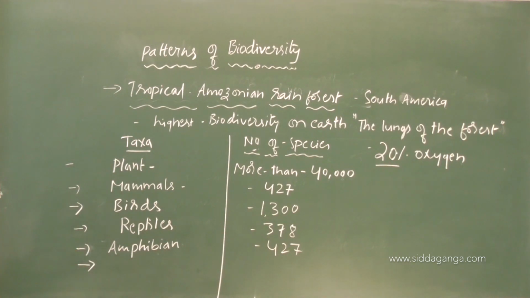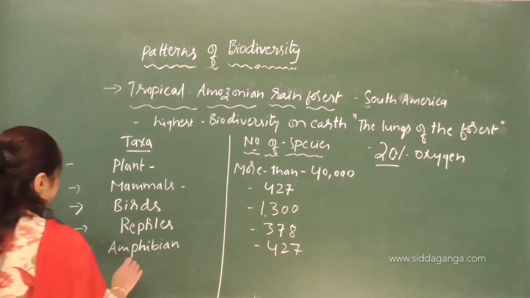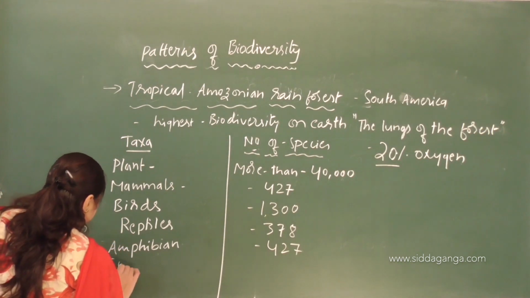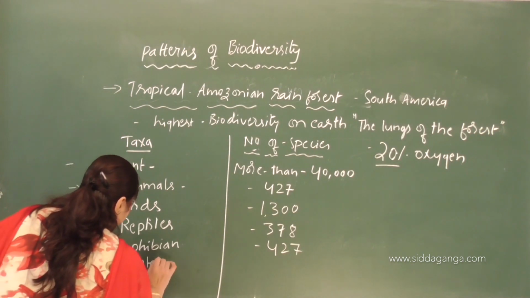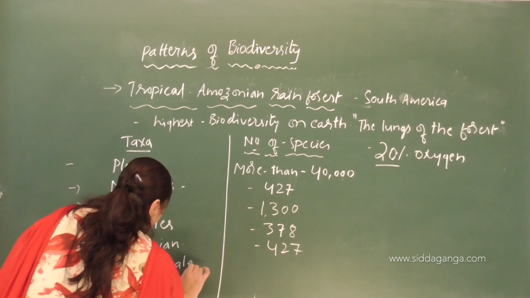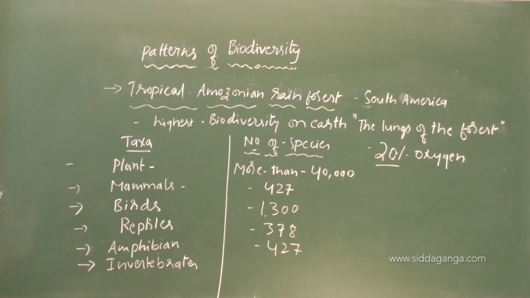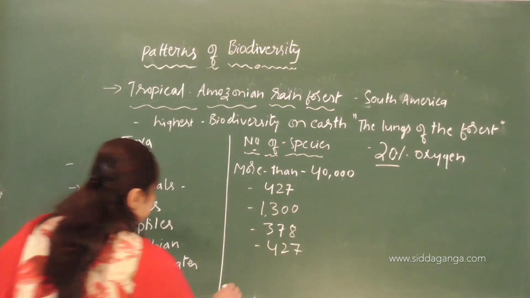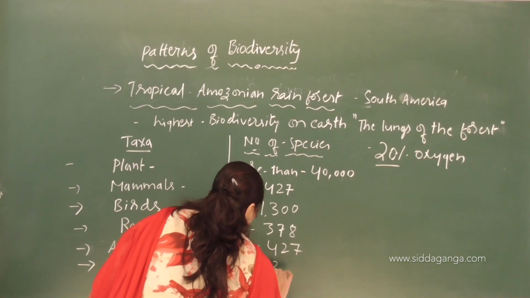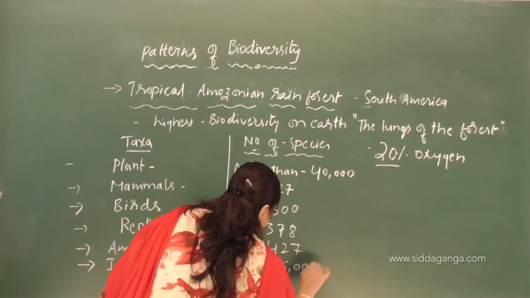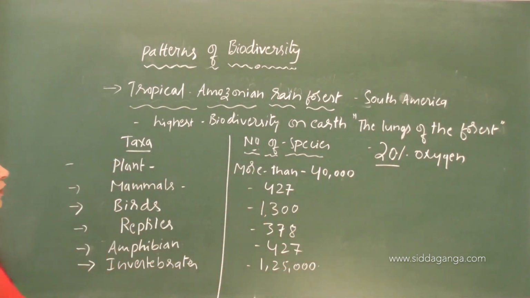And invertebrates, the total number of invertebrates is more than 1,25,000.